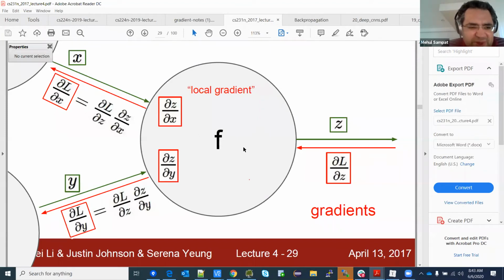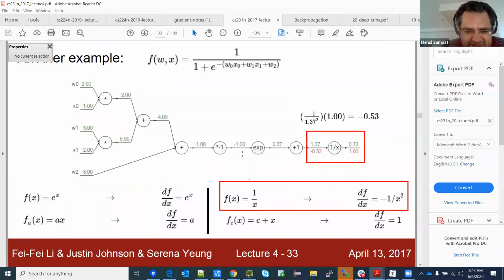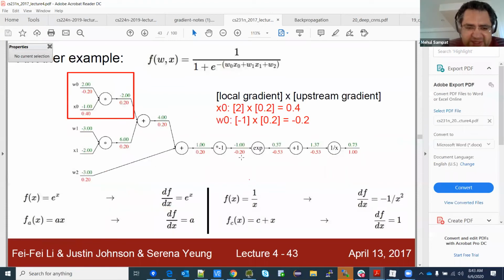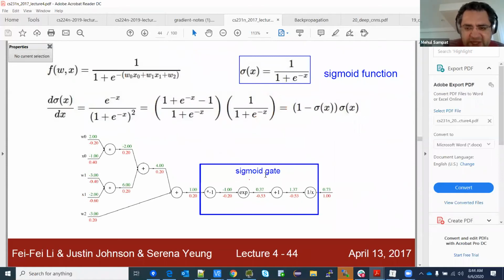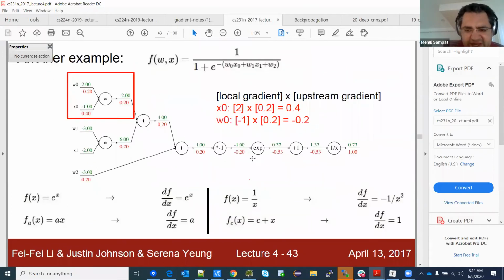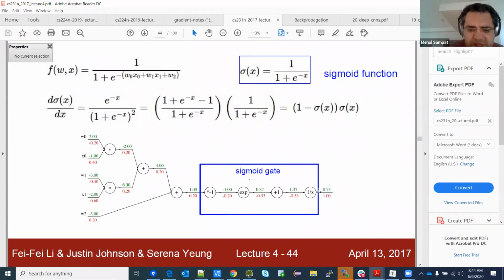I think this slide is just working through the examples, and it's a really nice example because they broke it up nicely like this. When I first saw this I didn't realize it, but when he puts the blue box around it, you see that it's nothing but the sigmoid function.